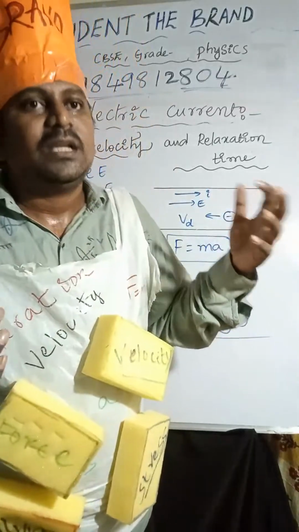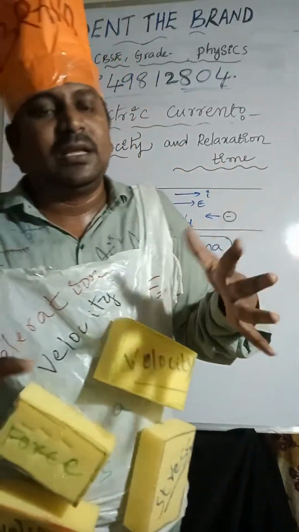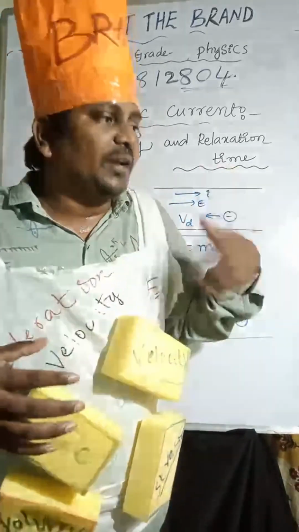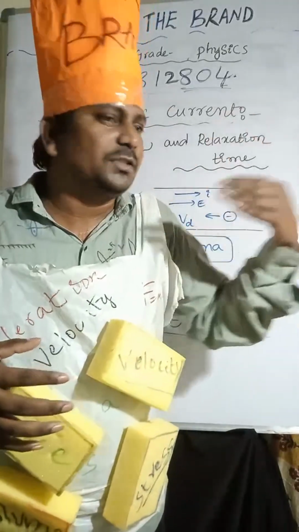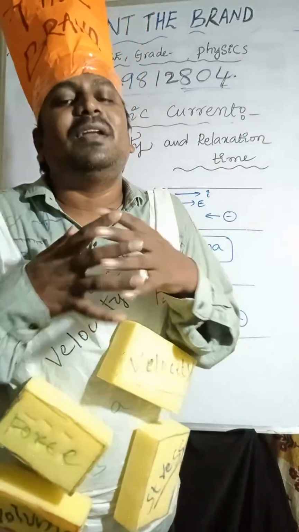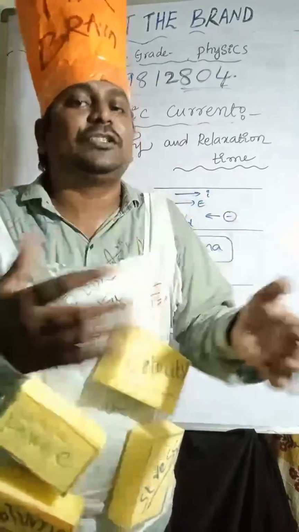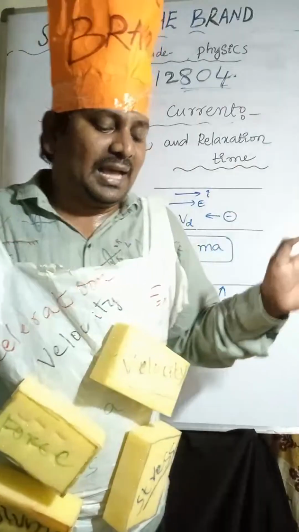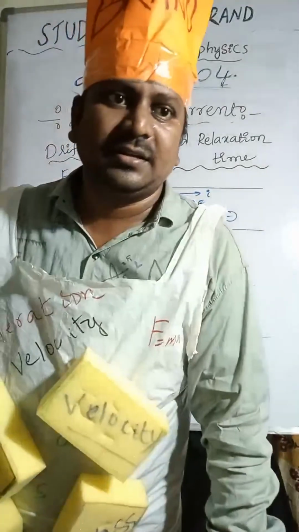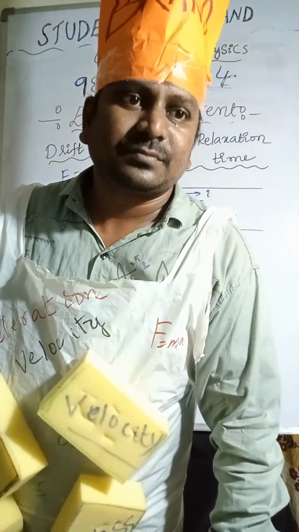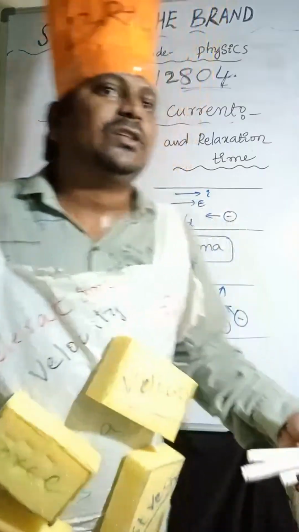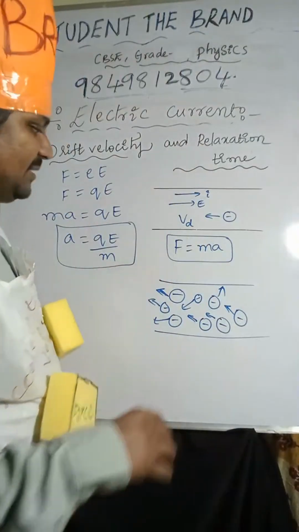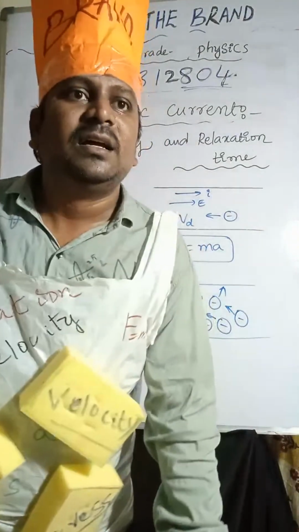But immediately it won't happen; it will take certain time between one collision and another. So the average time gap between two successive collisions is known as relaxation time. I hope it is very clear, right? Understood? So that is about drift velocity and relaxation time.